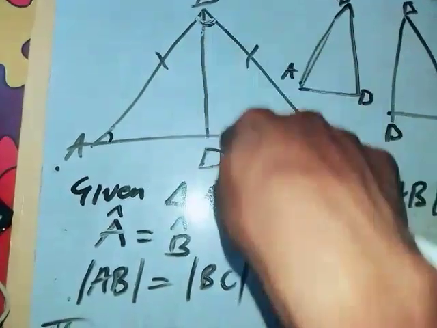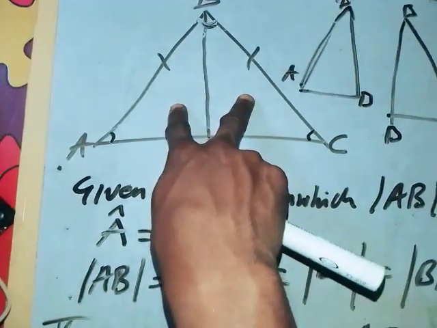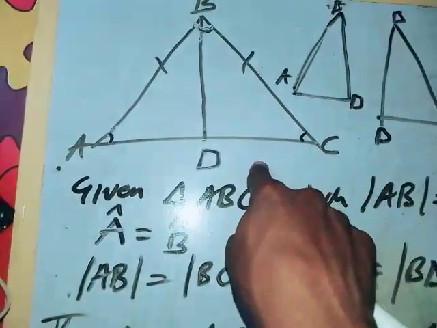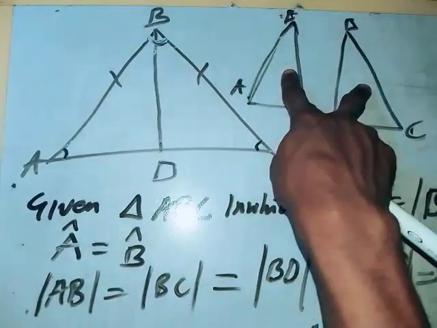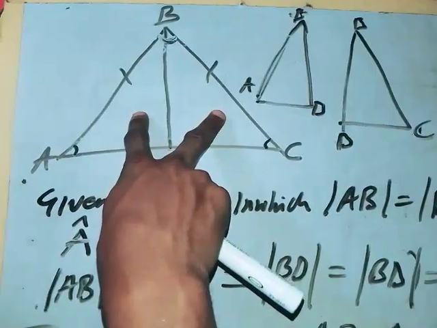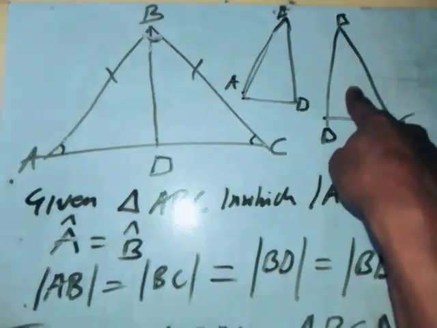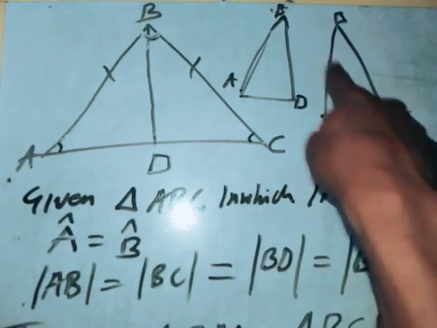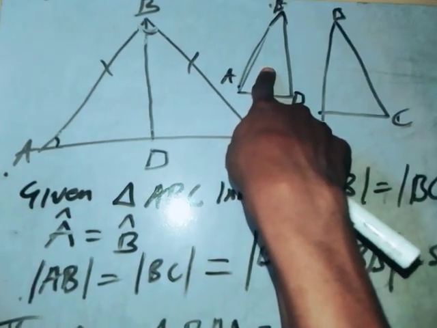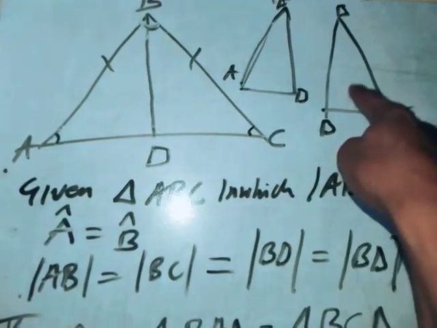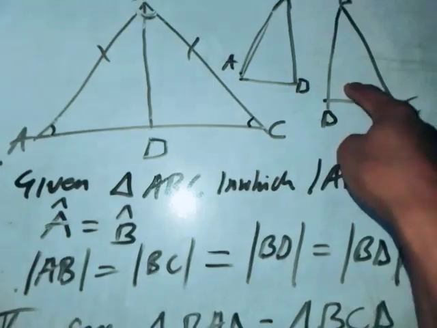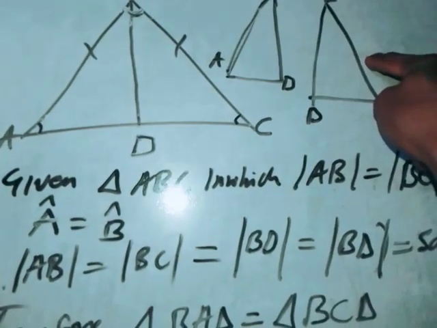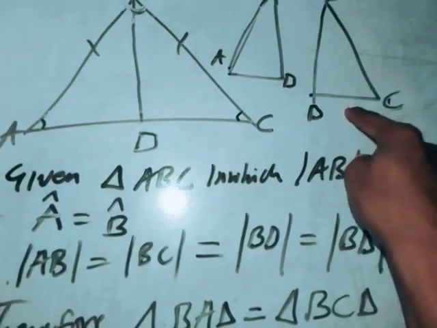A bisector is a line that divides a shape into two equal parts. I drew that dividing the isosceles triangle into two right angle triangles. Remember, in a right angle triangle, none of the sides are equal. We have the hypotenuse, the opposite, and the adjacent.